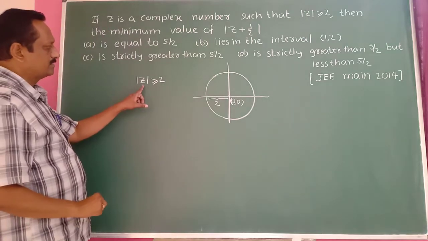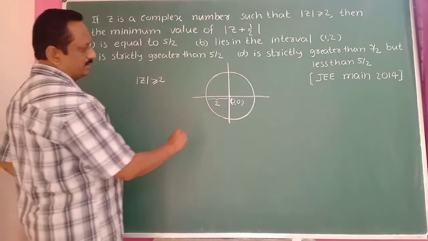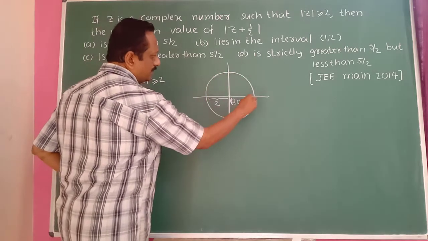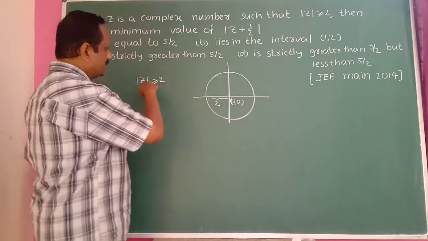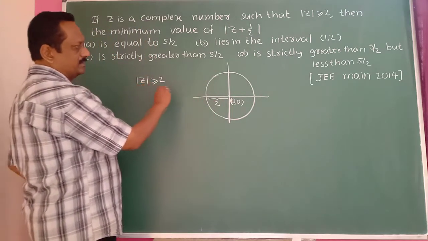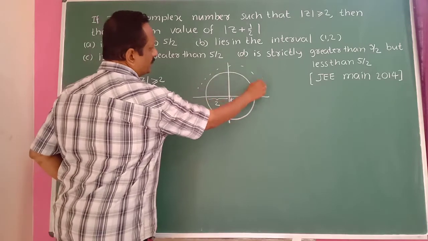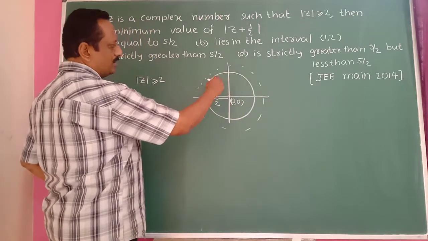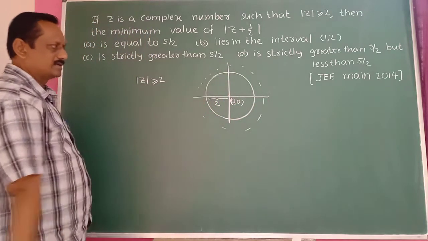So therefore modulus of Z greater than or equal to 2 means the point lies on the circle or outside the circle. Greater means these all points are outside the circle or points lie on the circle here.